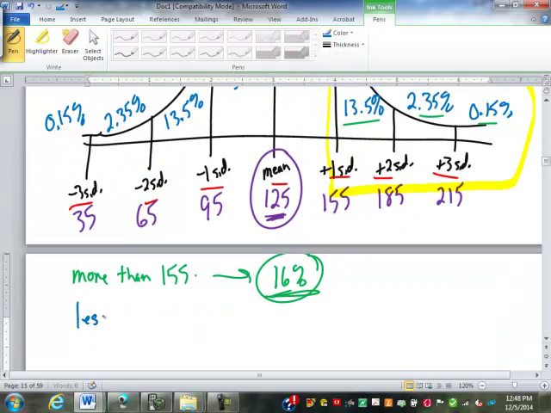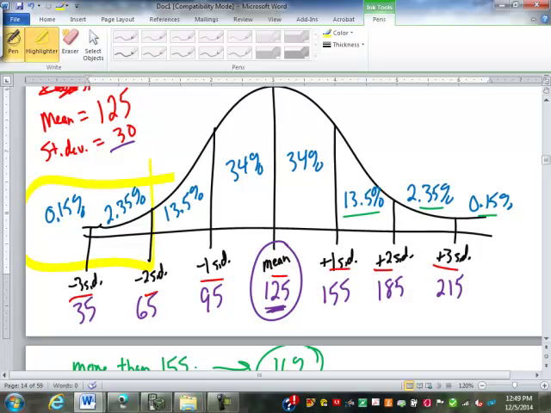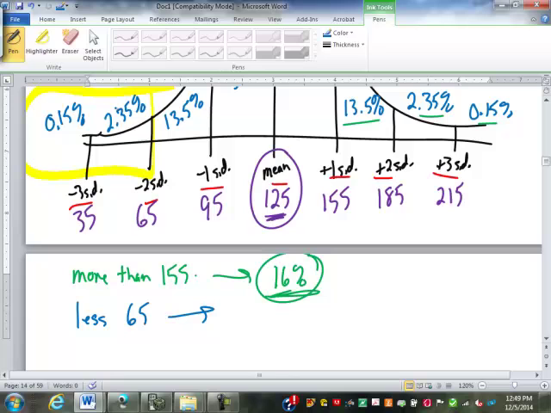Let's say we want to know what percent have cholesterol less than, let's do 65. Well, now, this time, here's the 65. Less than is over here. If we add those up, 0.15 and 2.35, that's 2.5% of people have cholesterol below 65.